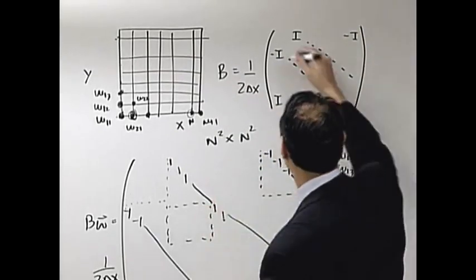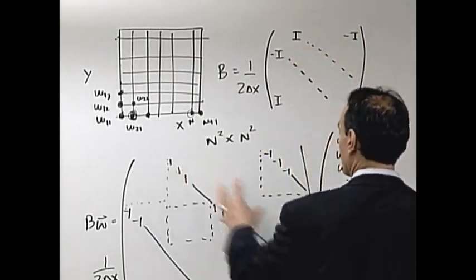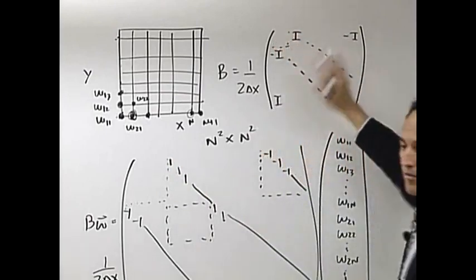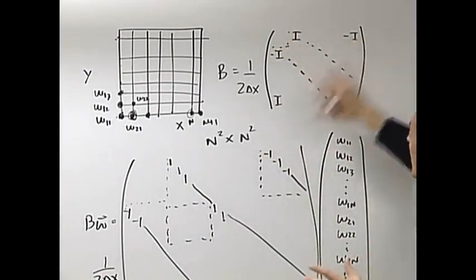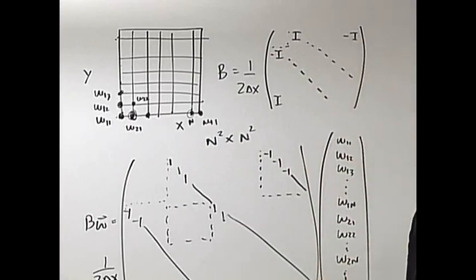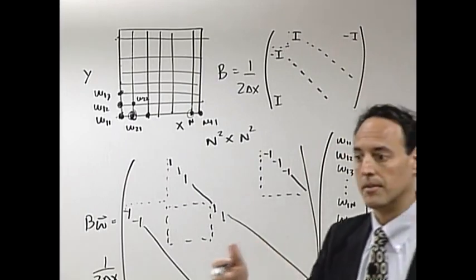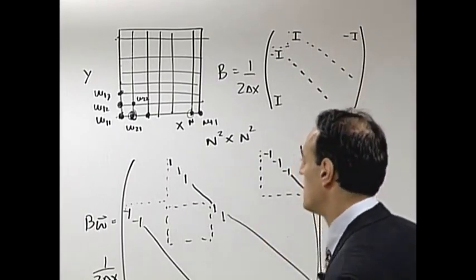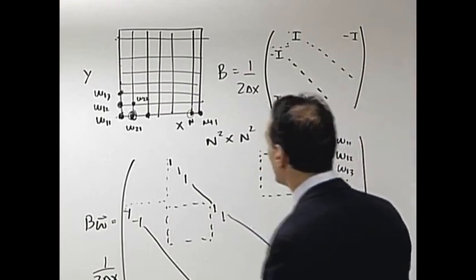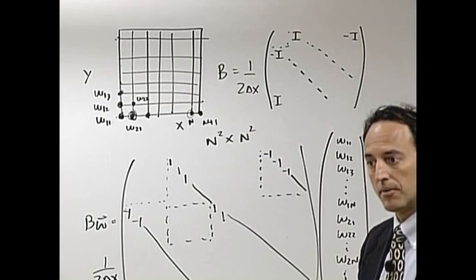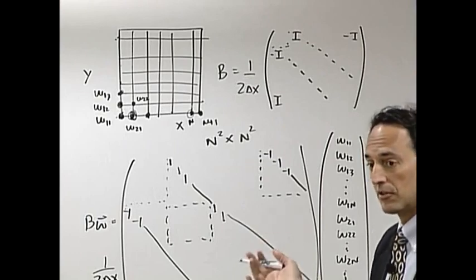So it's like on a bigger structure, each one of these identity matrices are these blocks, and these blocks run on the off-diagonal blocks and then on the corners. So that's what your matrix B will look like. This takes a derivative in x. By the way, once you construct the C matrix, you have a C matrix that takes the y derivatives, B matrix that takes the x derivatives.